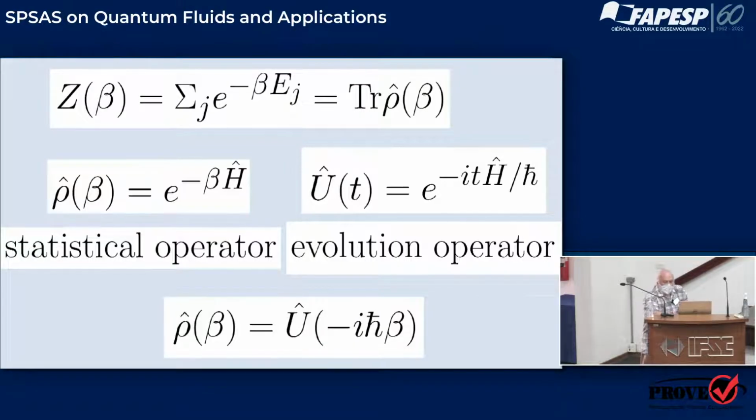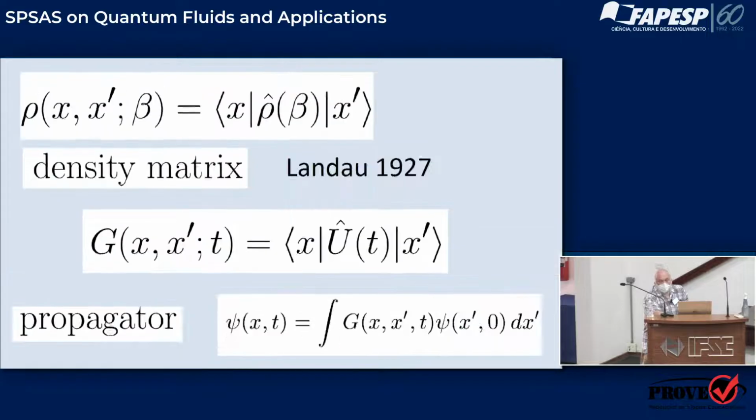And now, okay, so the problem is, let us try to calculate the evolution operator. And then, knowing the evolution operator, we shall obtain matrix elements of this operator, which we call now the density matrix. And it was introduced by Landau in one of his first papers in 27, when he was 19 years old.